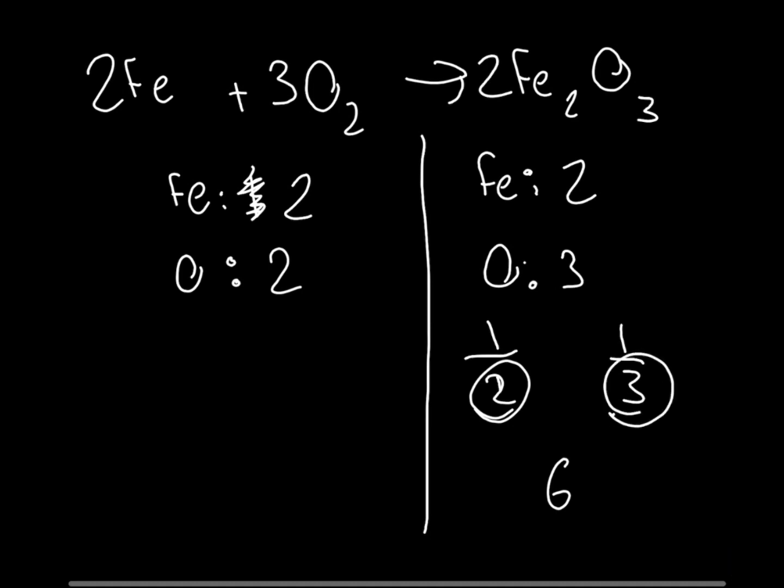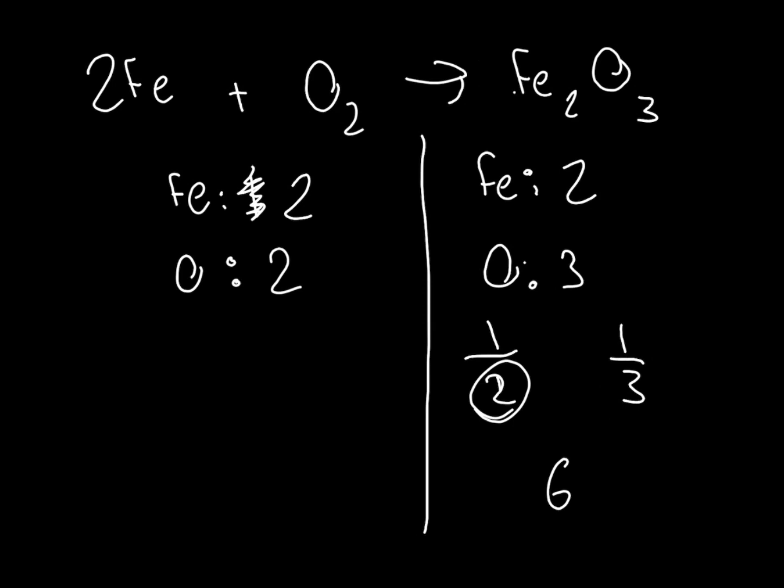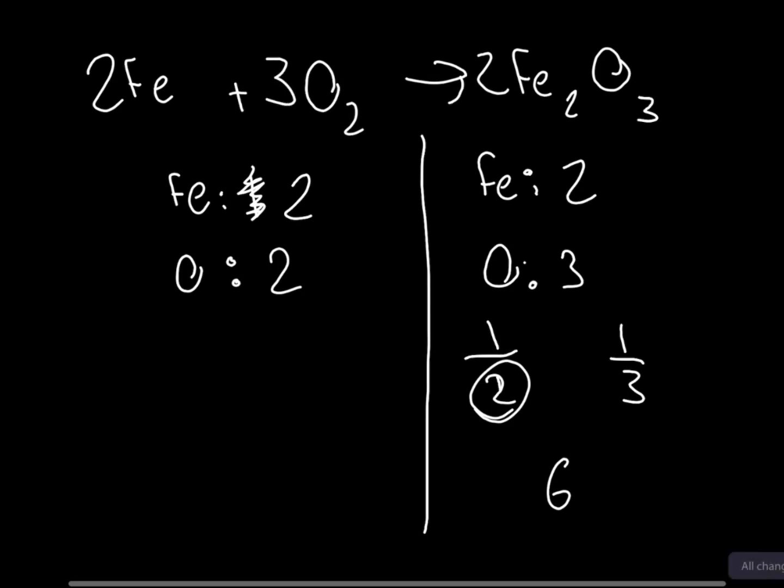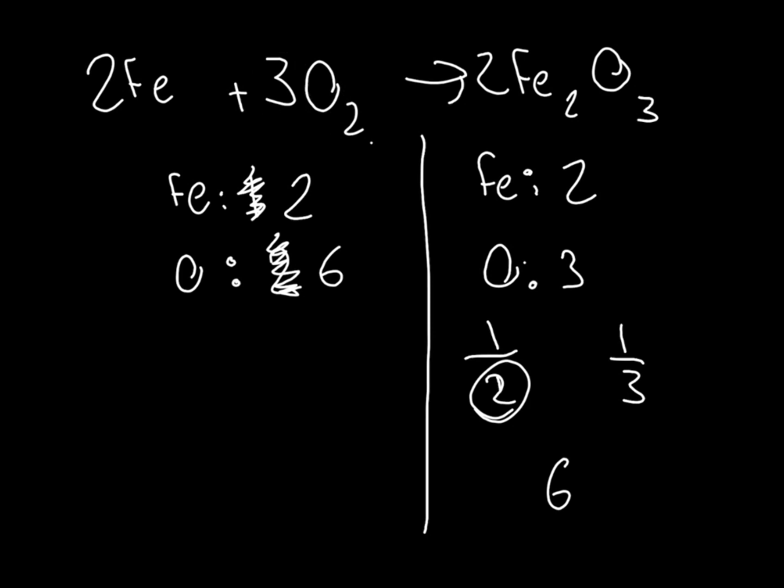So that now our amount of oxygen atoms are the same. But now, you can see that, yes, we have 6 oxygen atoms, because 3 times 2, that's 6. And on this side, 2 times 3, that's also 6.